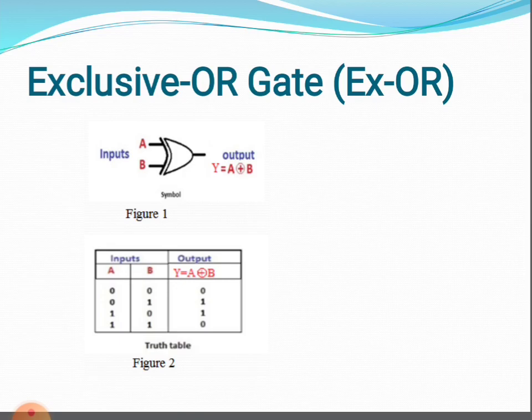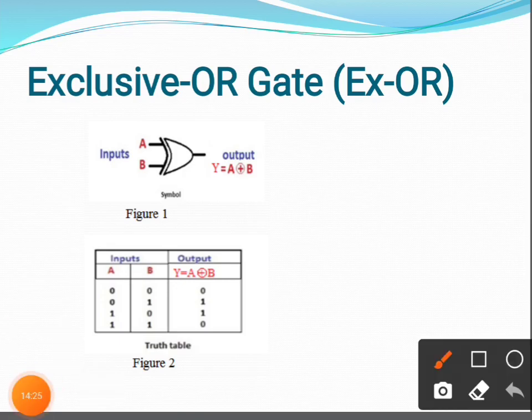The output of an XOR gate is low if and only if both the inputs are high or both the inputs are low. Let us see how. When we pass A is equal to 0 and B is equal to 0, then output is 0.